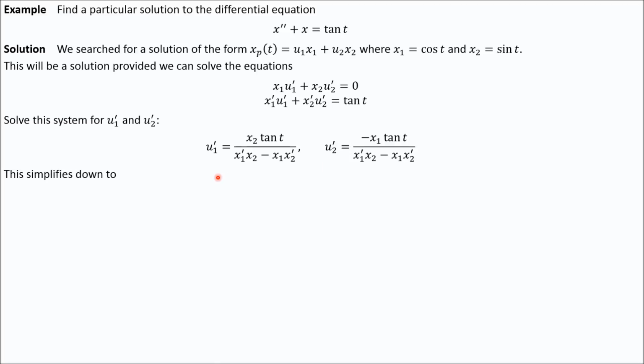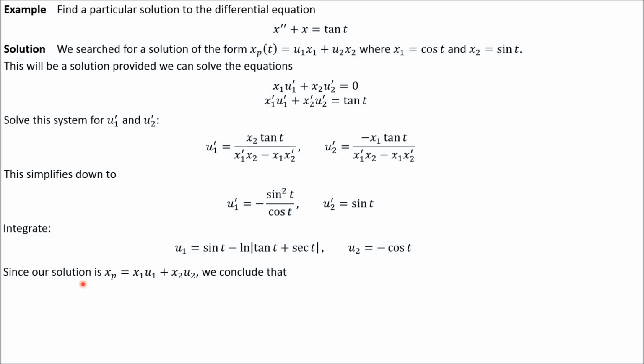We simplify this, it becomes this, where I'm using the fact that x1 is cosine t and x2 is sine t. We can integrate both of these. For this integral, I used sine squared equals 1 minus cosine squared, or you can just use a computer.